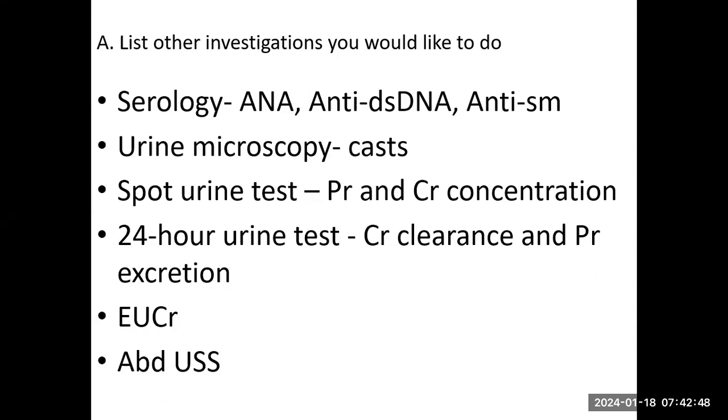If there are presence of casts, this may indicate presence of active disease. I want to do protein quantification. I would do spot and 24-hour urine protein quantification and a urinary protein creatinine ratio. I would do electrolytes and urine creatinine, then an abdominal ultrasound scan to look at the kidney size and also look at other possible causes of renal disease in this patient.